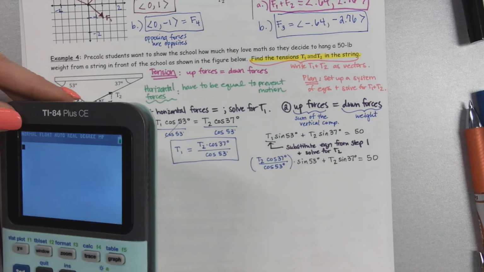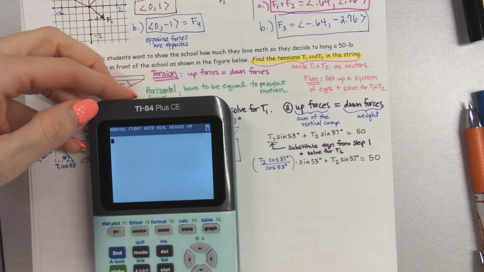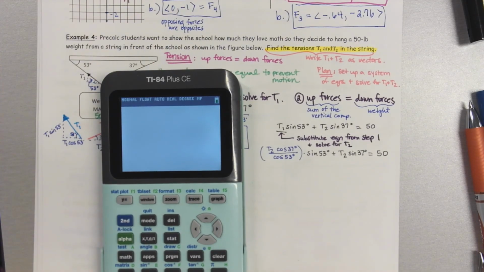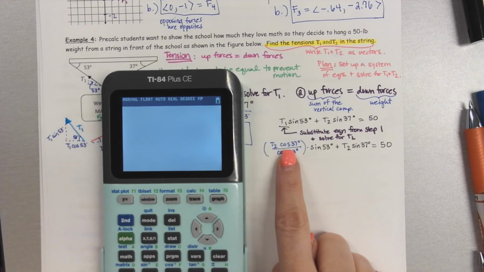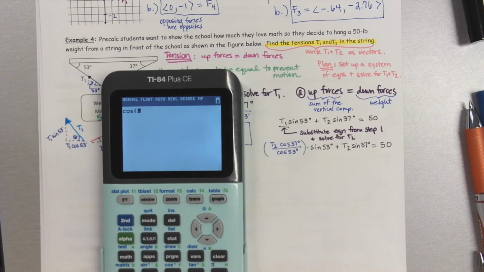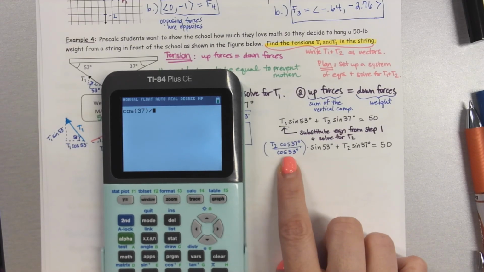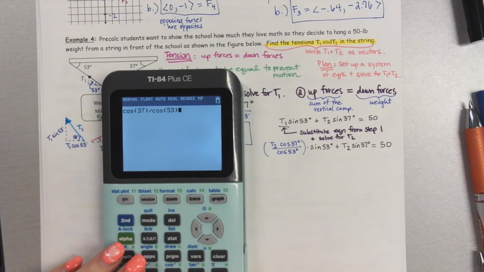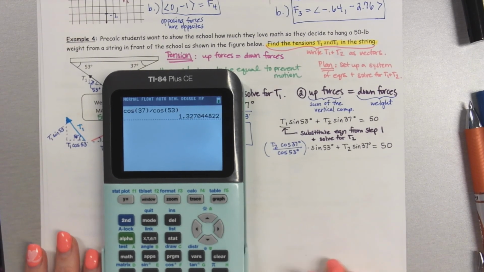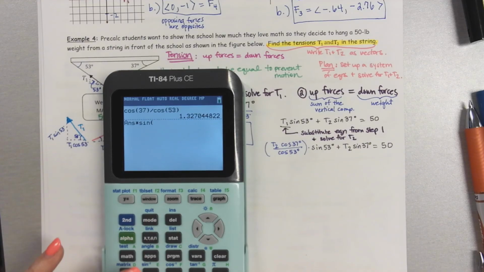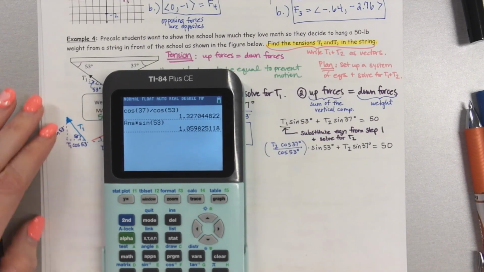Okay, make sure that you are in degrees, you can do that now. And then we are going to be calculating. We're not going to be rounding until we get to the end of the T sub 2. So what we're going to calculate is the cosine of 37 divided by the cosine of 53. Okay, and do this with me. And then we're going to multiply by the sine of 53.